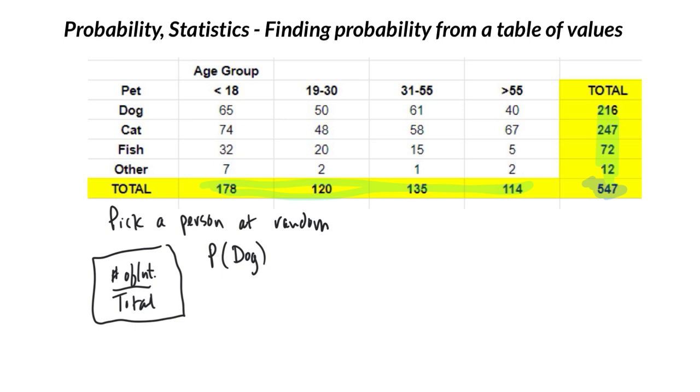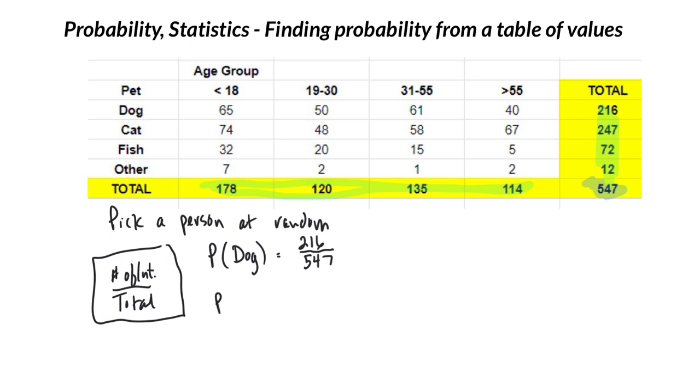Well, we had 547 total people, and the number that we're interested in are the people that owned dogs. So we come up here and say, here are the dog owners. Scroll along here. We had 216 of our people that owned a dog. So that would be our probability that we would pick someone at random and they would own a dog.